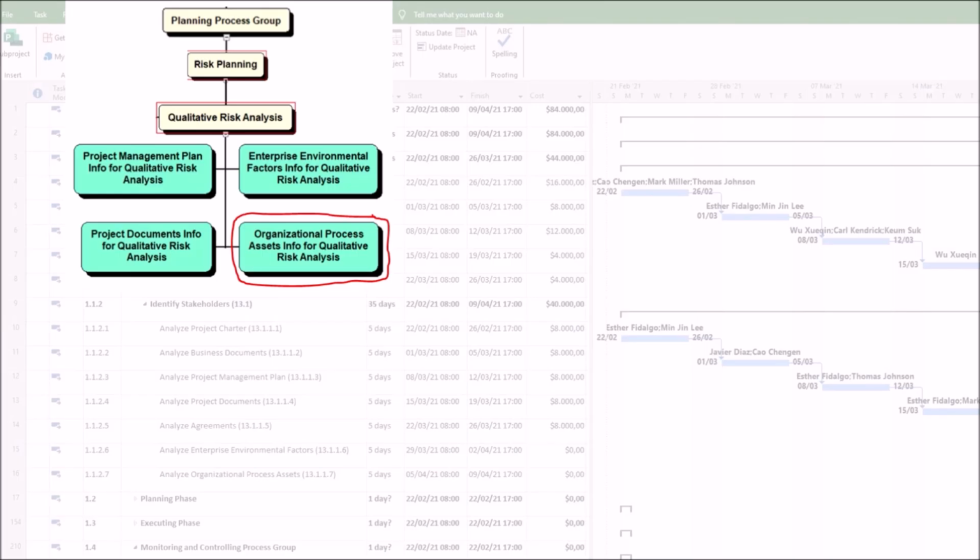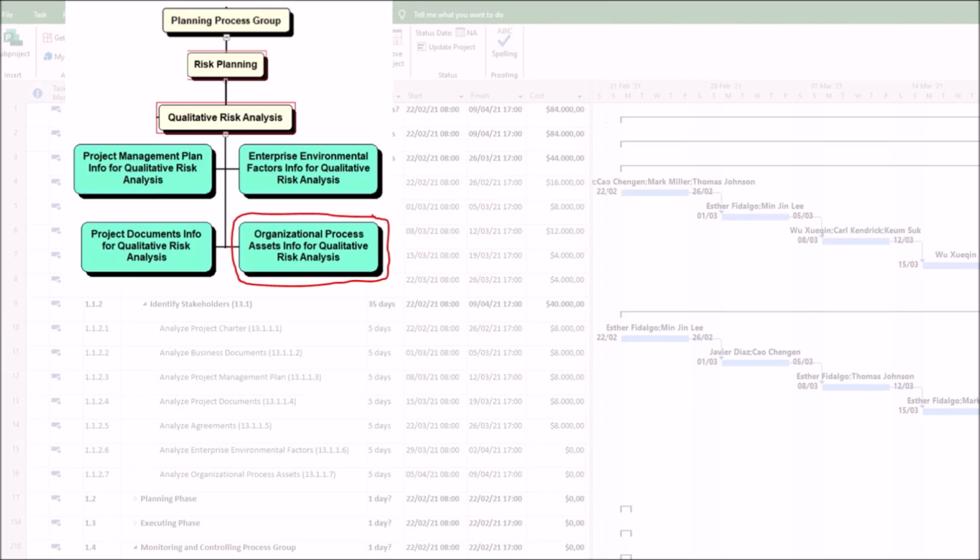Consequences for the project. First, misallocated resources. Time and money are spent managing low-priority risks while high-impact threats are neglected. Second, false sense of security. The project team may believe major risks are low priority and be unprepared when they occur.